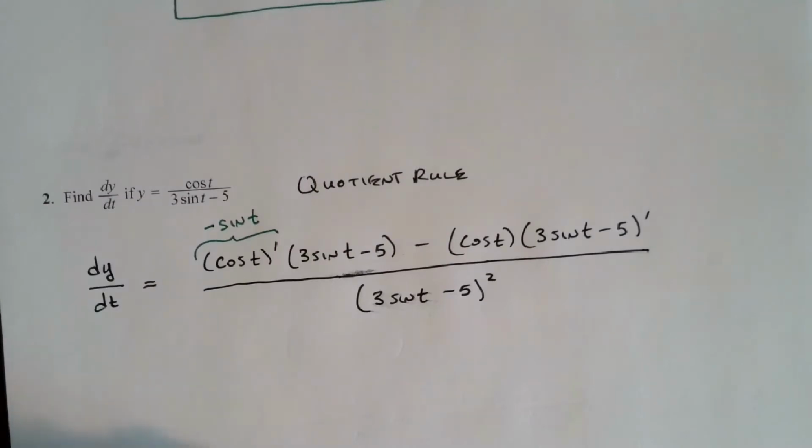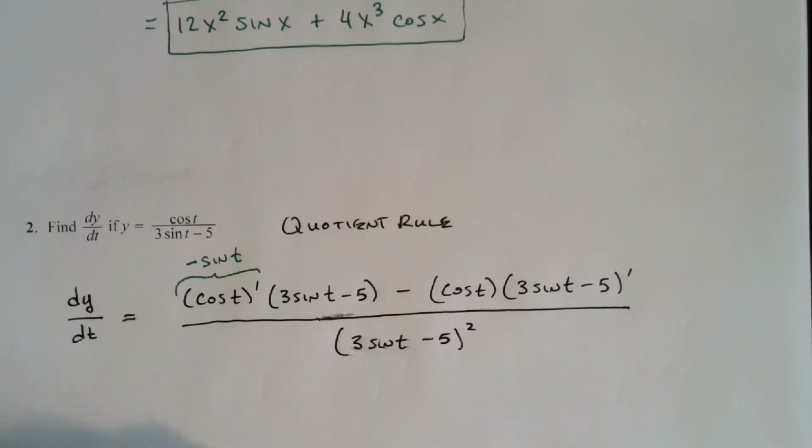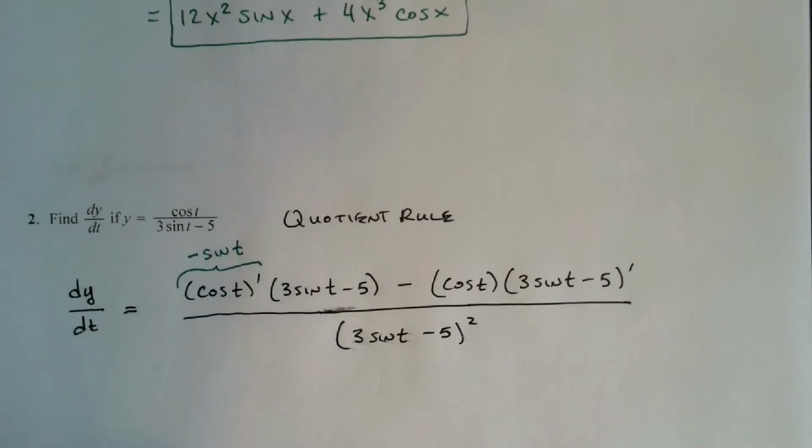Yeah, and so you're going to memorize these. Certainly you want to know the derivative of sine of t is positive cosine of t, but the derivative of cosine of t is negative sine of t. Sometimes students get those signs mixed up, so make sure you really practice that. If you're in doubt, remember you can look at it graphically as we did in the last video.